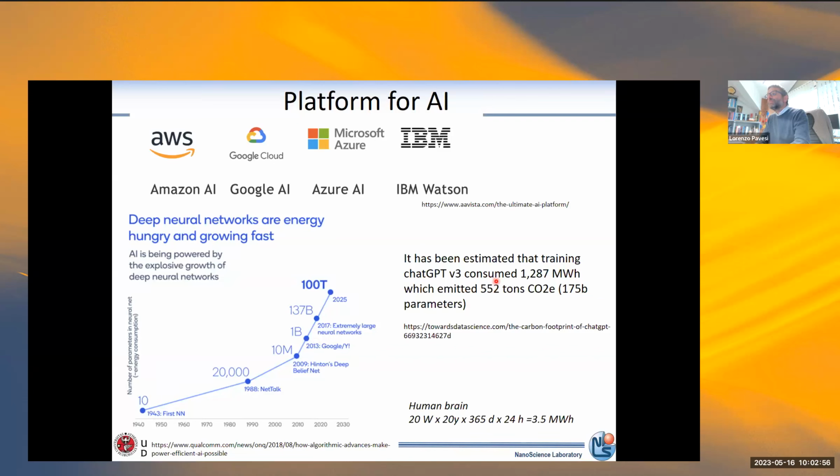Just to give you some numbers, the power that was consumed to train ChatGPT is of the order of 1 gigawatt hours. And to place this number in perspective, just consider the human brain.